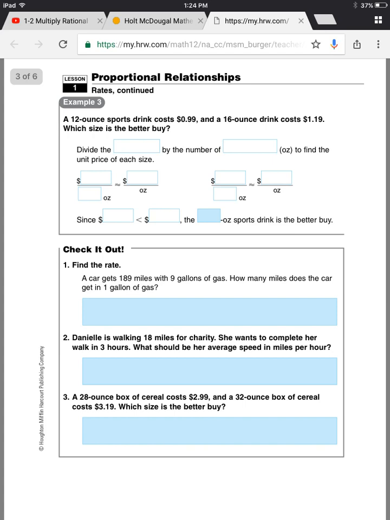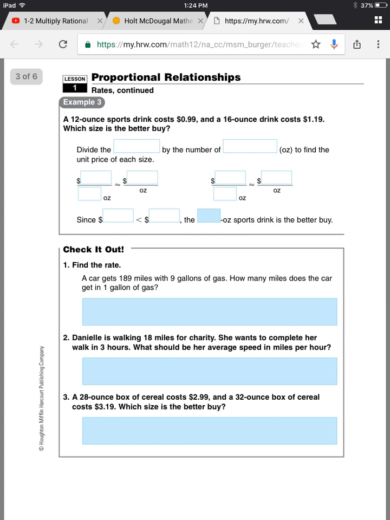However, if you're looking at 2 candy bars, and a normal size candy bar is $1 and the movie theater size candy bar is $1.25, the movie theater size candy bar is actually a better deal because you're getting more for your money.